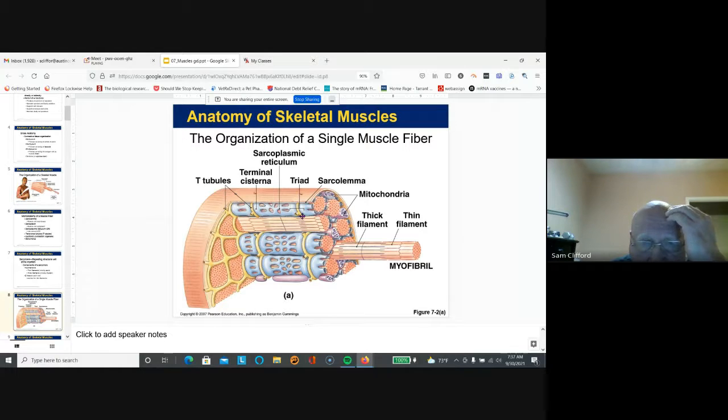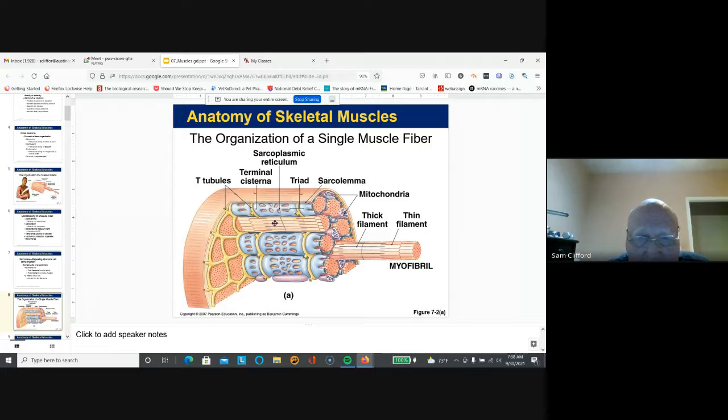Again, we have the sarcomere, which goes from Z line to Z line. It's composed of a thin filament actin and a thick filament myosin. It's surrounded by the sarcoplasmic reticulum, and the exterior allows ions to move into the T tubules, which have connections to the sarcoplasmic reticulum.